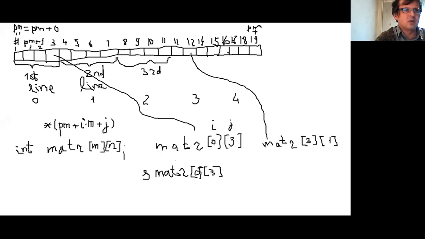It is bad 0, sorry. 0 is good, but the square bracket is bad. Okay. The address. So how to obtain it? It is necessary to put PM. So let PM be, in our case, for example, 3A.